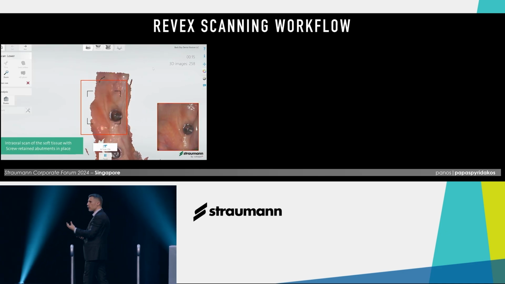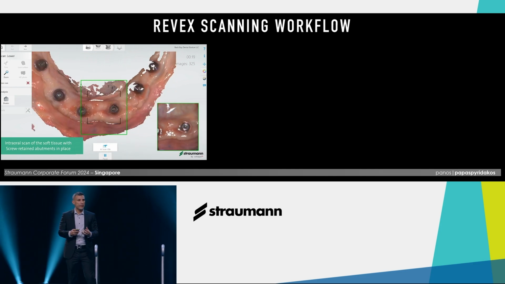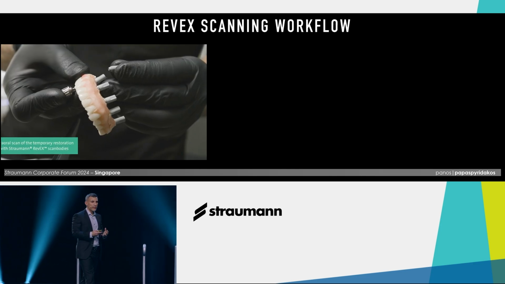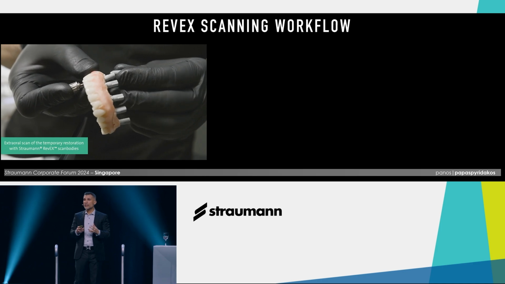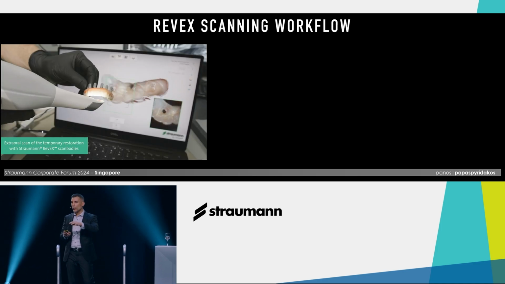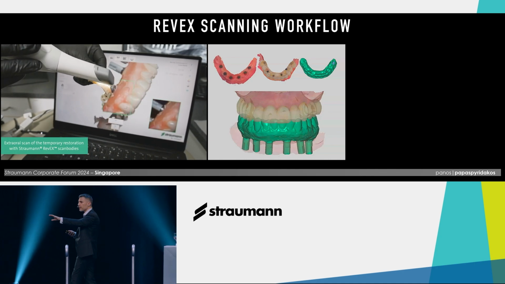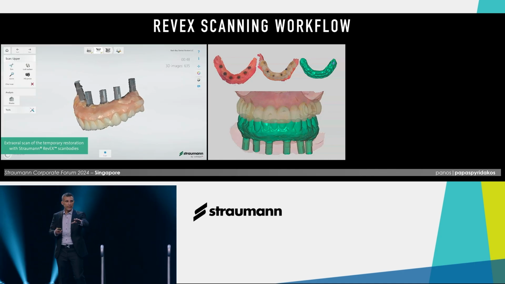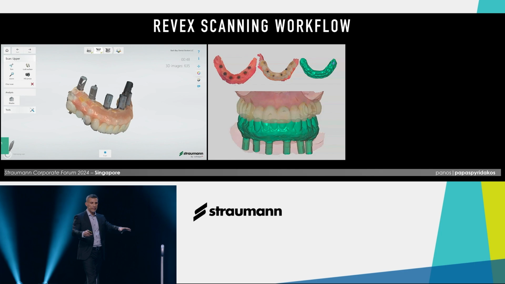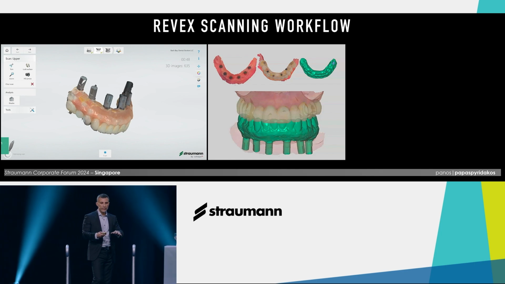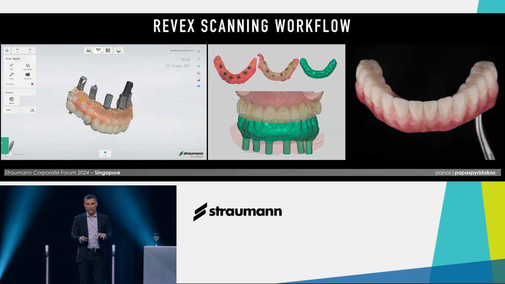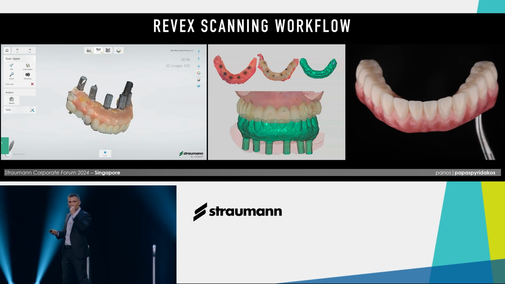And then to the actual provisional, we will connect those Revex scan bodies, and we will scan it extraorally, scanning always from the occlusal pattern. Those 3 STL files are handed over to the technician. The technician merges the files together and fabricates the prototype, just in one visit.